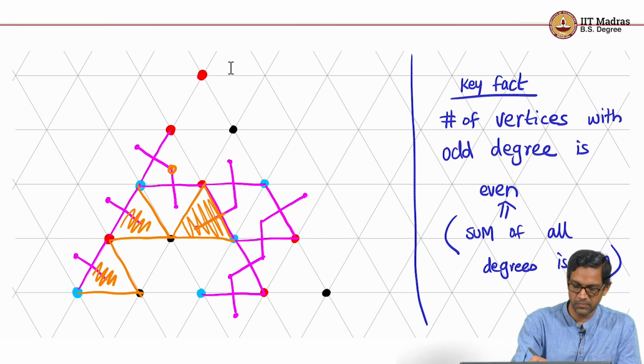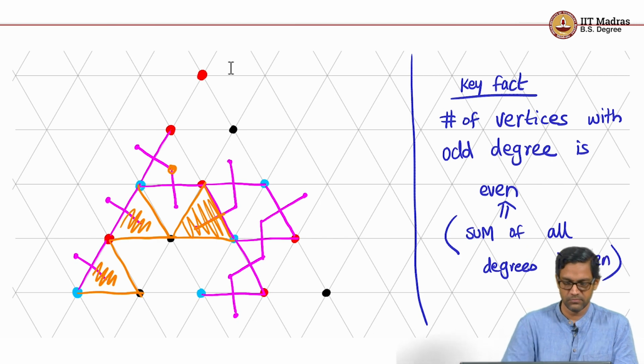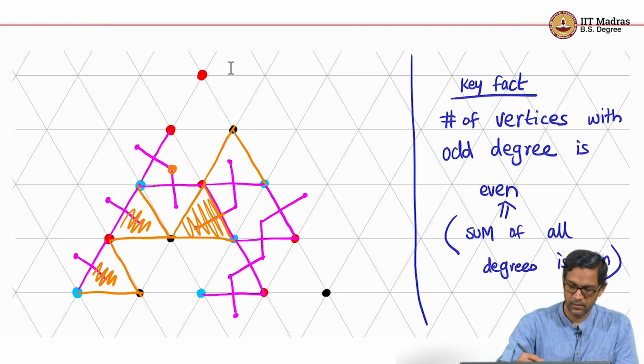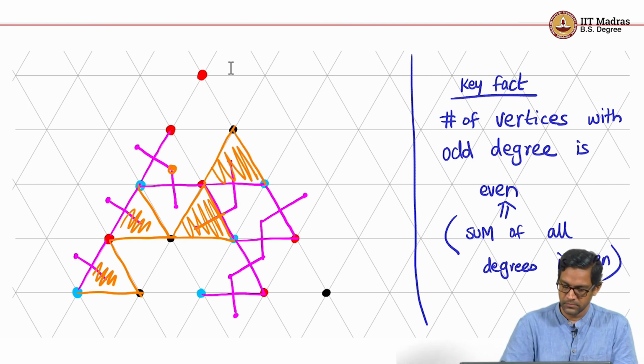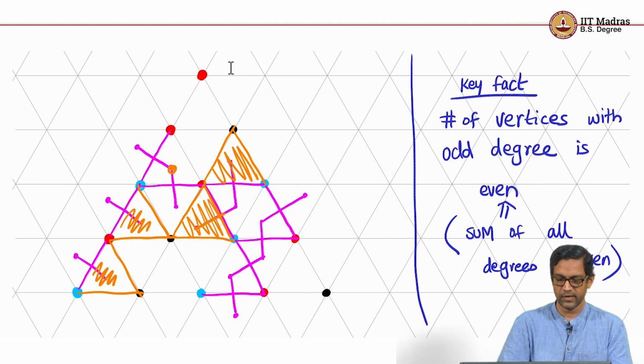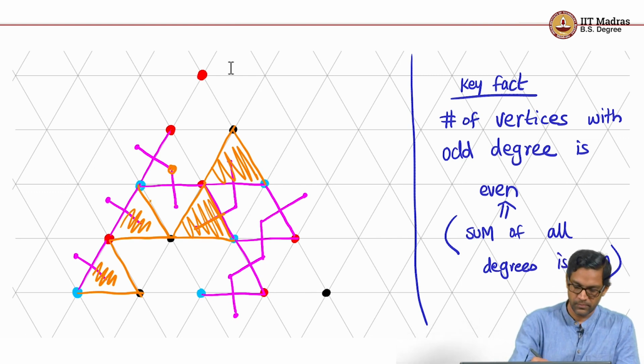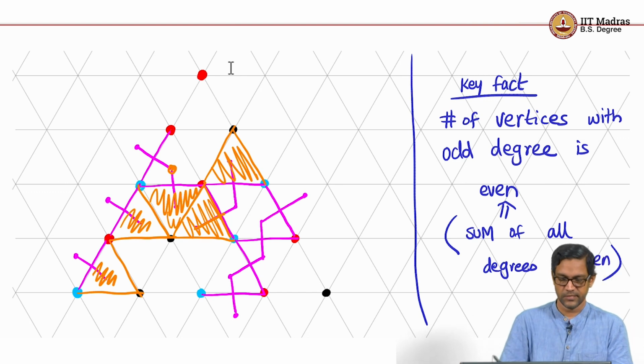This one here is not multicolor because it has got two edges, so we can say for sure it can't be multicolor. Here is another one. These all have two edges leaving them, so they can't be multicolor. And there is one more, which is this one here, and that is it. Okay.